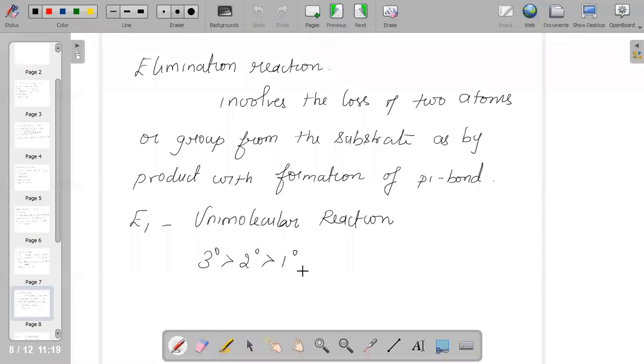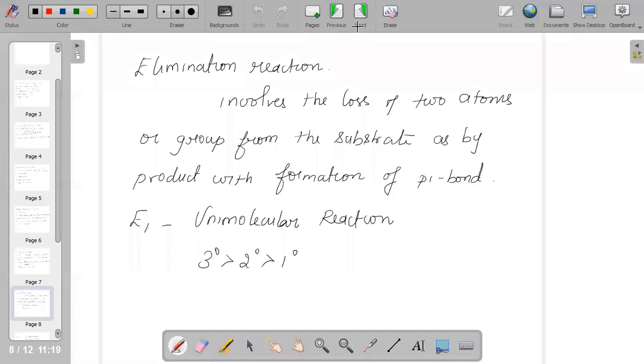Both elimination and substitution reactions involve the same reactive intermediate. Therefore, we can conclude that both products are formed in comparable amounts, in substitution as well as in elimination.